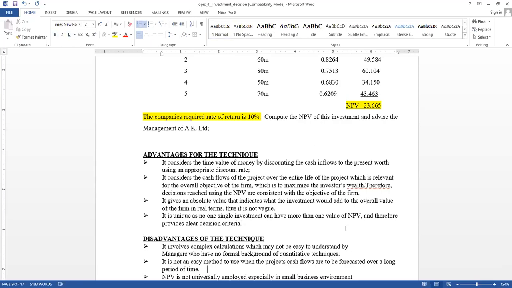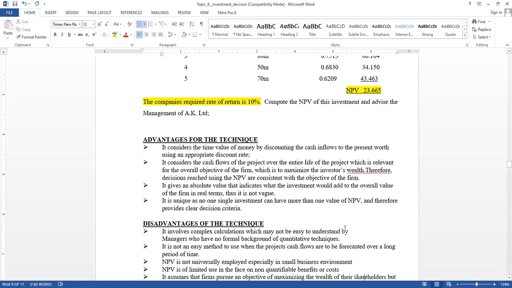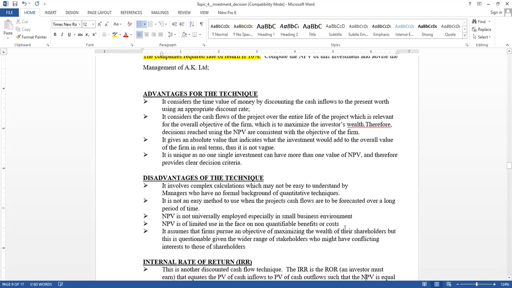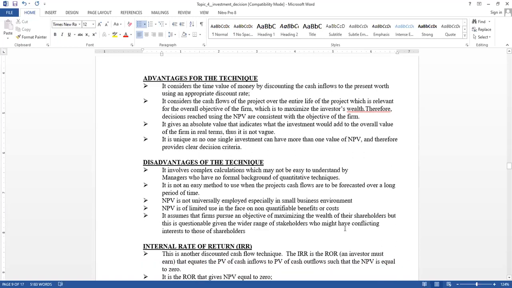But also, the method may have some disadvantages. One disadvantage is that it may involve some complex calculations, which may not be easy to understand by managers, especially those that do not have formal background of quantitative techniques.